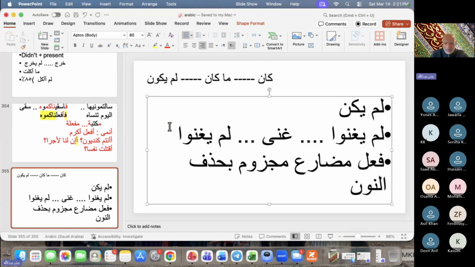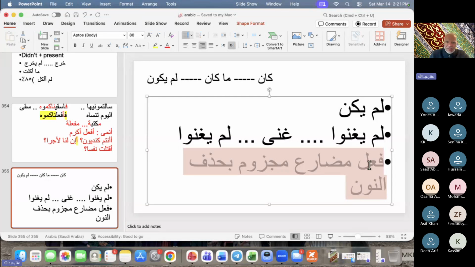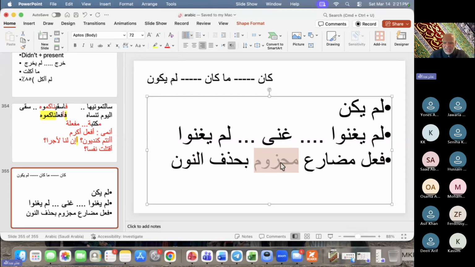This means in the jussive case, and the marker of it is the dropping of the noon. I'll write this down. فعل مضارع مجزوم بحذف النون. Okay. Other examples?